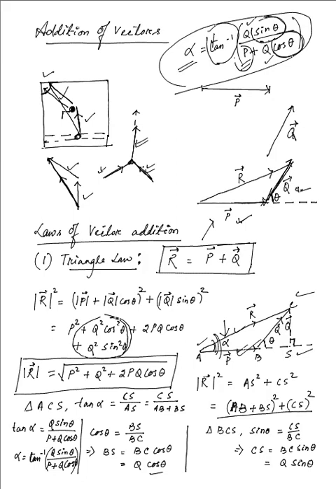The other method, that is the parallelogram law of vector addition, involves almost the same procedure, but we obviously consider it in a different manner. So let's quickly take a look at the parallelogram law.